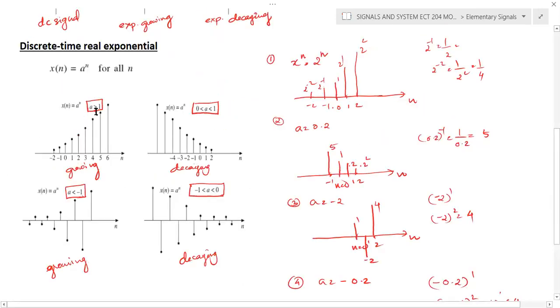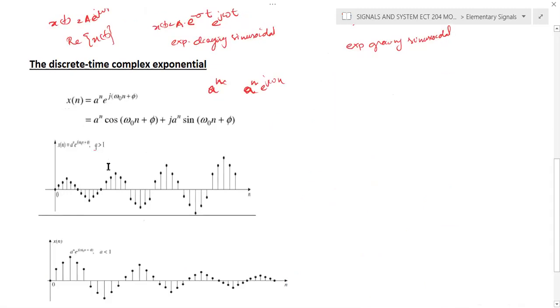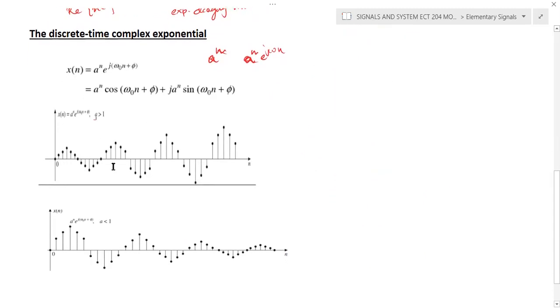So if a is greater than 1, it follows this particular pattern. And sinusoidal values are also there, because it's an e raised to j term. By Euler's formula you can say that it's cos of omega 0 n plus phi plus j sine of omega 0 n plus phi. So you'll get alternately positive and negative values, and it's a sinusoidal behavior. Okay, so growing sinusoidal.